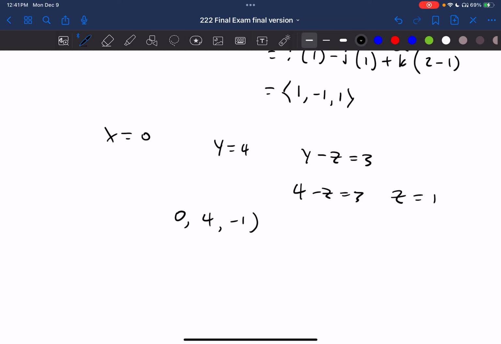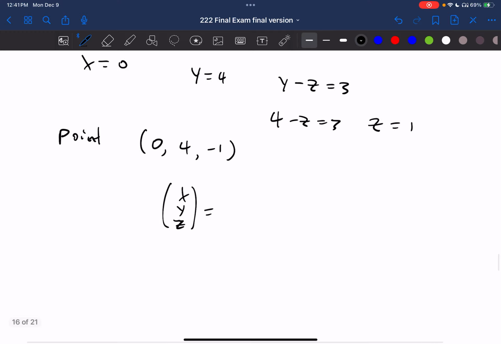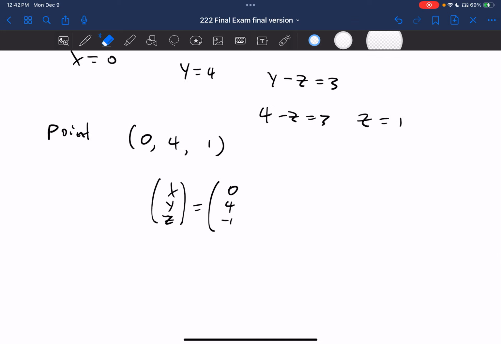And this is a point. Now we can write the equation of the line. The equation of the line, x, y, z, will be equal to the point 0, 4, negative 1. Why did I write negative 1? Sorry, this is just positive 1.